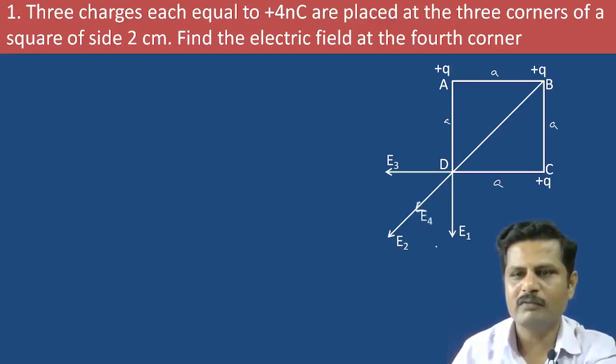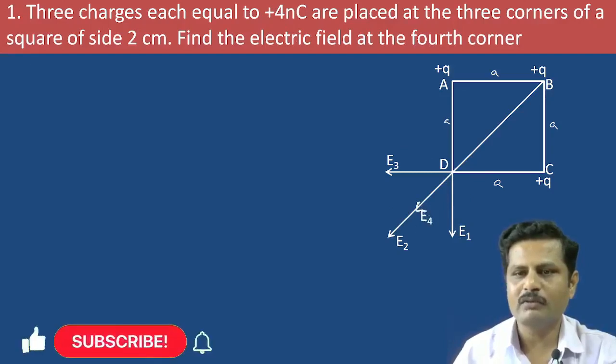Now we need to find the net electric field at the fourth corner. That is E4 plus E2, where E4 is the resultant of E1 and E3.